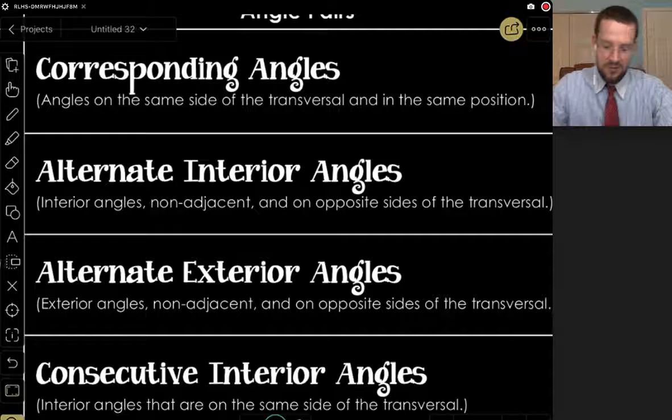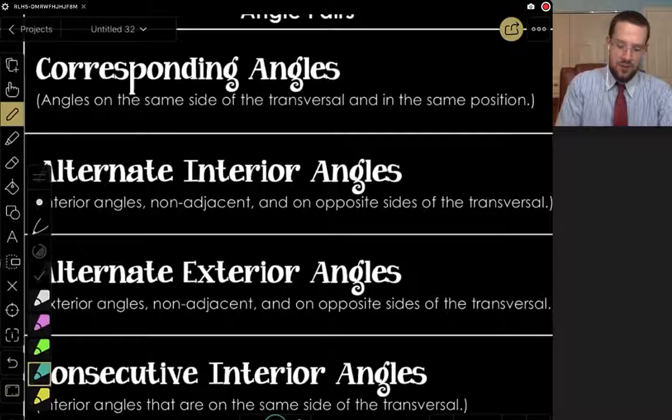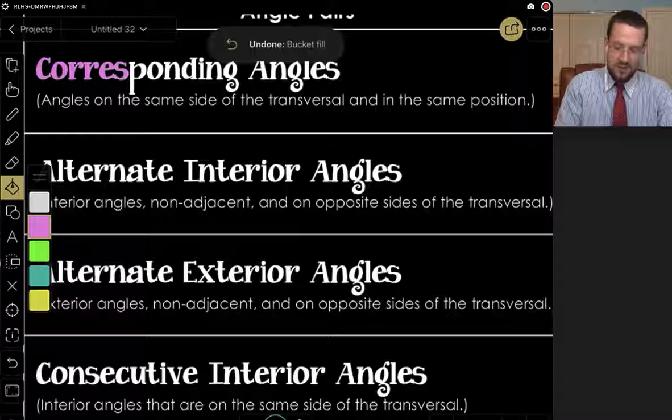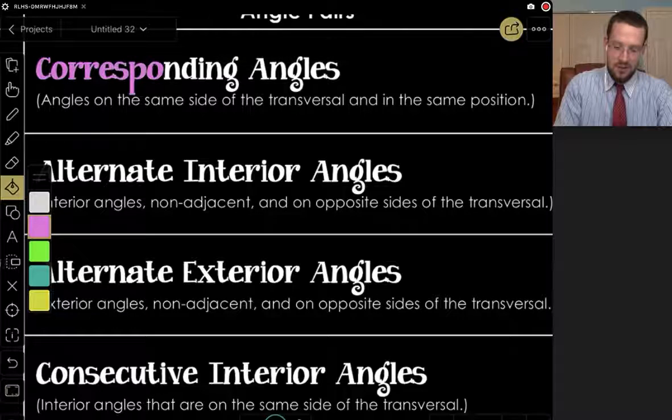And what we want to do is look at the first one. Let's look at corresponding angles. These are angles on the same side of the transversal and in the same position.